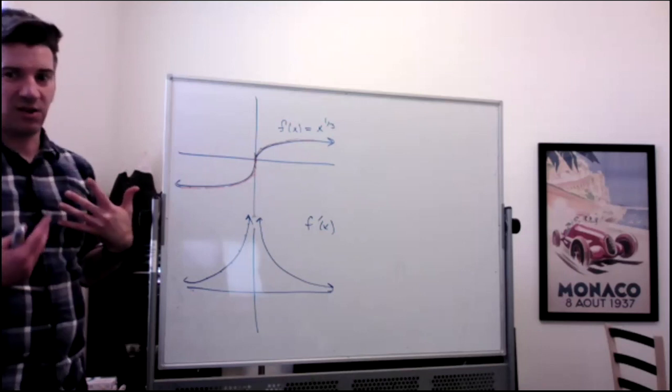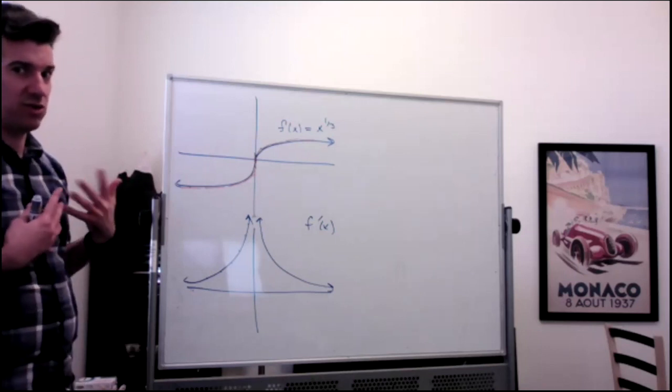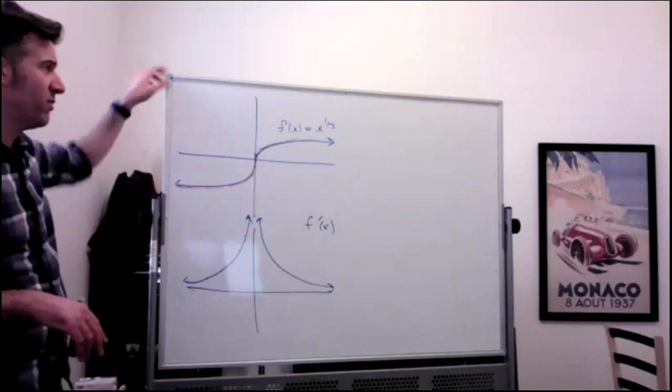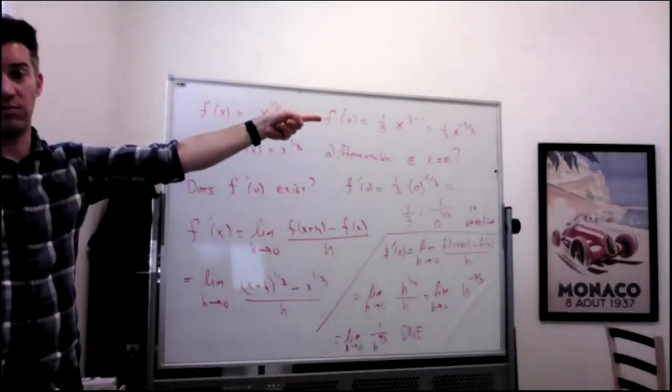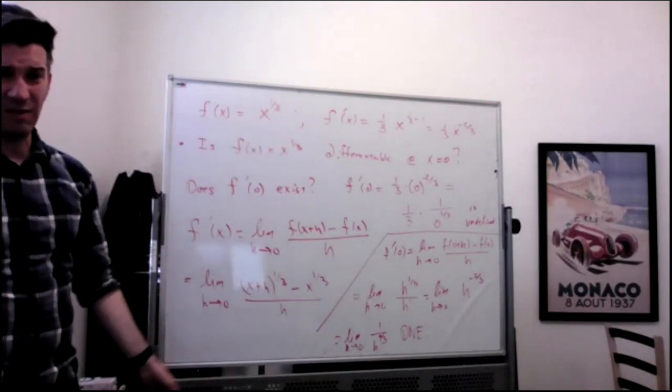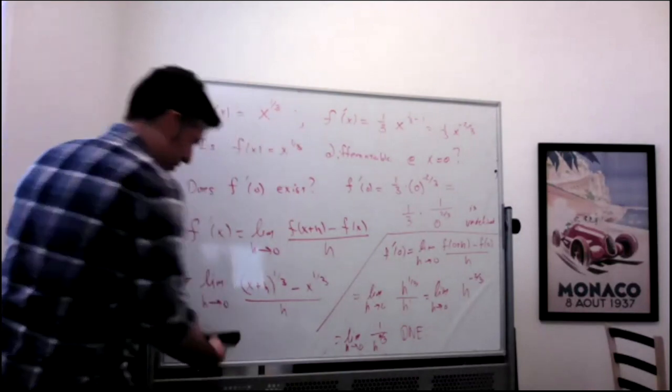But now I want to ask the harder question, which is how do we find the derivative of this function? Well, we know it's supposed to be 1/3 x to the negative 2/3. But how do you do it using the limit definition? Because I will tell you, sometimes people ask this question.